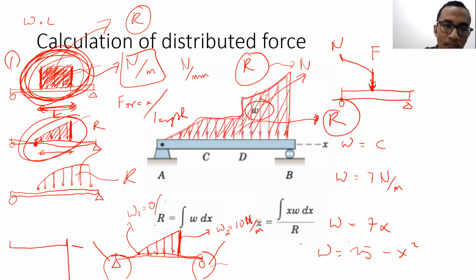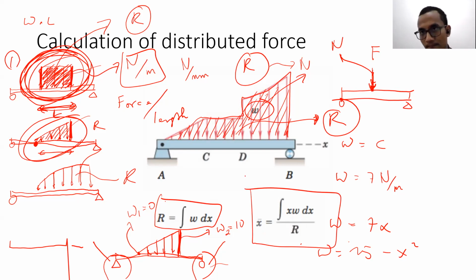What you're supposed to do is just doing the integration. Okay, R is equal to integral of W dx. That's the first thing. What is R later? I will let you know what R actually is. And the other thing that you're supposed to know is the X bar.